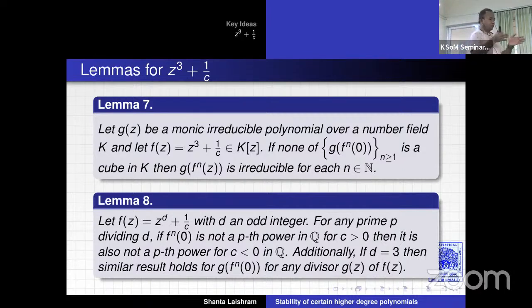So our result is that when G cube plus 1 over C is reducible, it has two irreducible factors. But we could only verify it for absolute value of C less than 10 to the power 12.